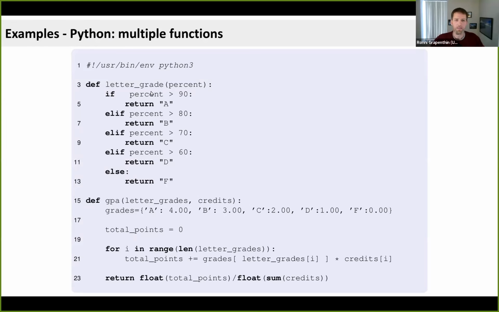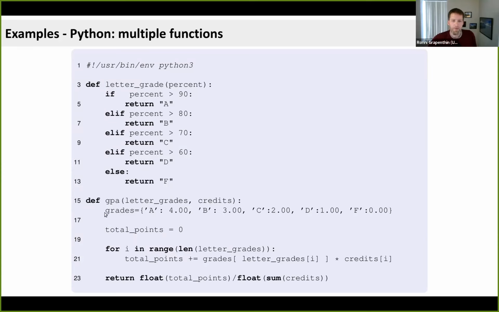There was the letter grade function that we already had. Letter grade, right? Percent above 90%, you get A, etc. And then there's a function that's new now, that's GPA, that takes a list of letter grades and a list of credits that you got for each of these courses with these grades.